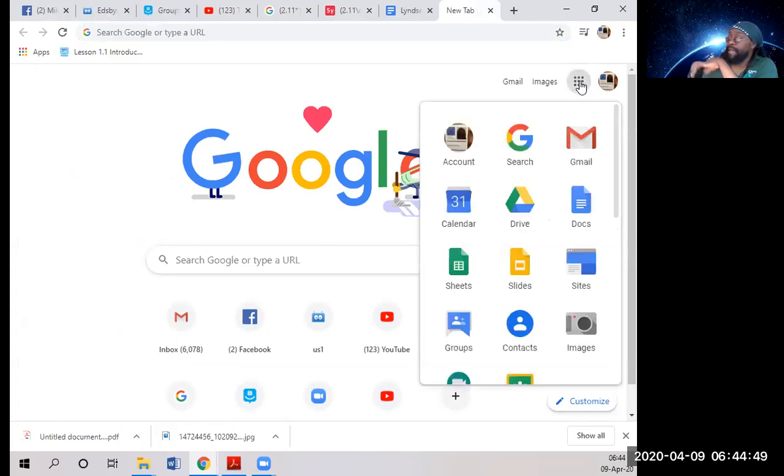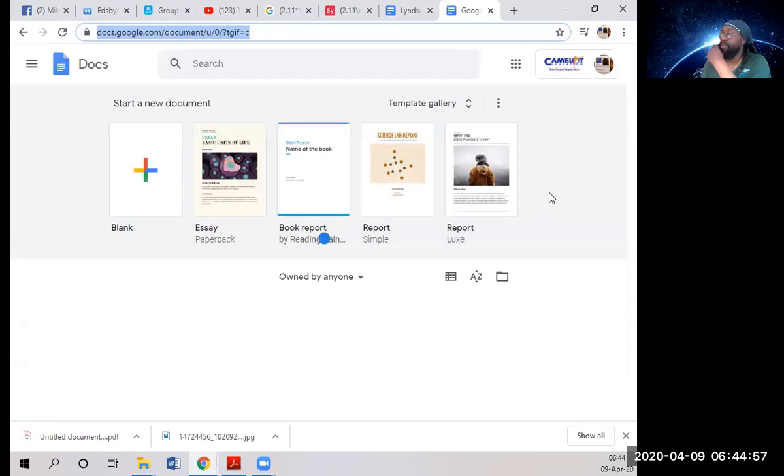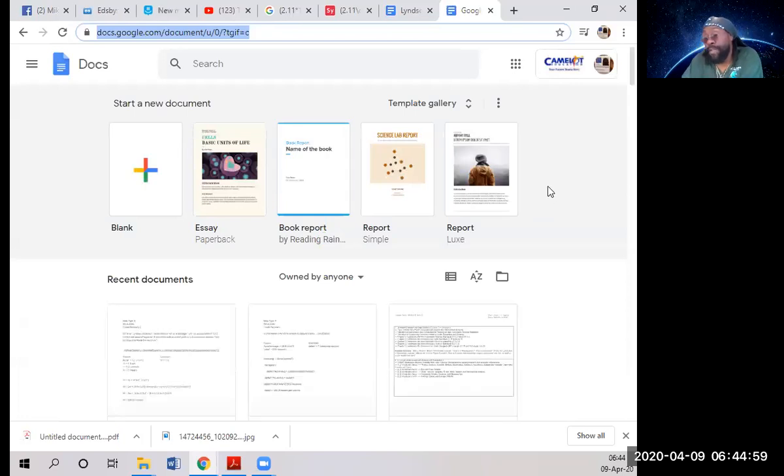You click on this icon that looks like 9 boxes. And if you come here to Docs, you can actually start a new Google document. Now, I'm pretty sure this is accessible on your cell phone, whether you're using Android or iPhone. So you just need a Gmail account though. So let's continue on. Click on blank.